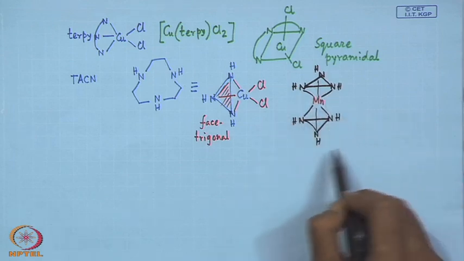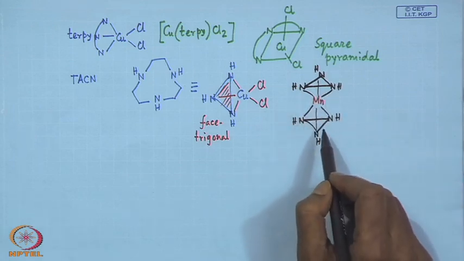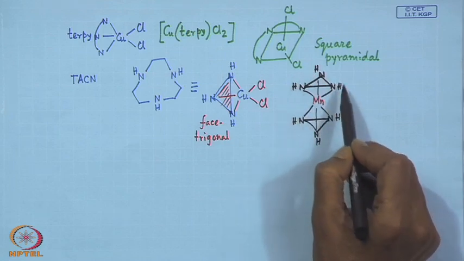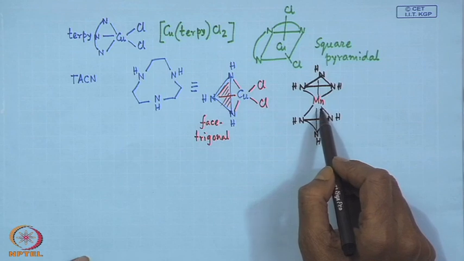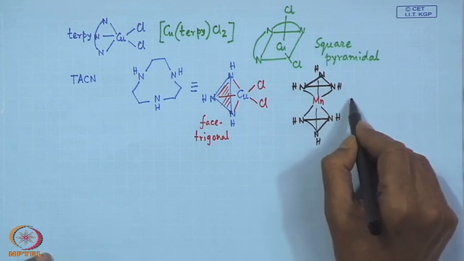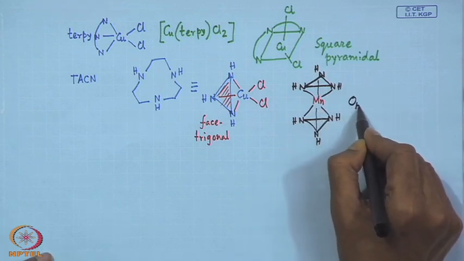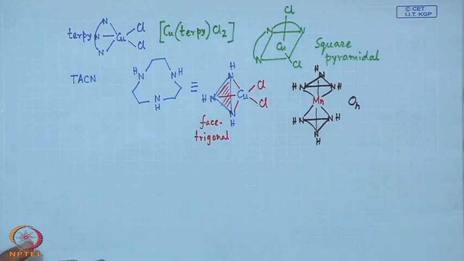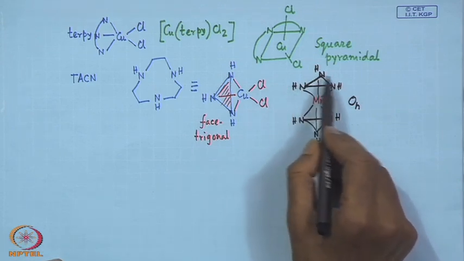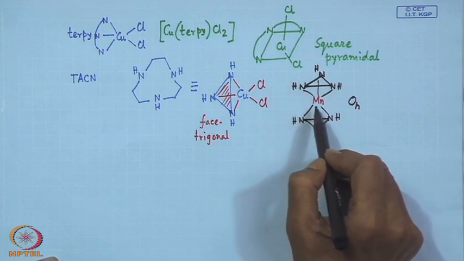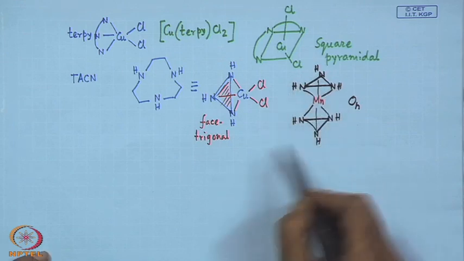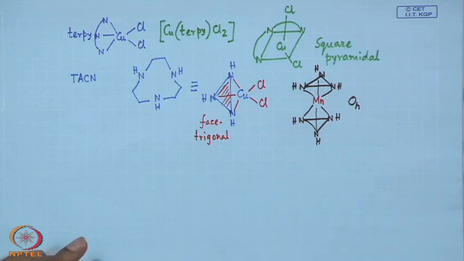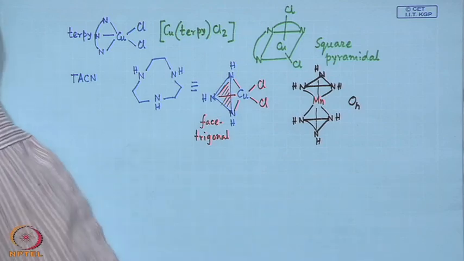So, one trigonal face is occupied, and another trigonal face is also occupied for the coordination of 2 tacane molecules to the manganese center, giving rise to the same octahedral geometry. But here now both the sides, that means both the trigonal faces, are occupied. So, it is basically capped from the top as well as capped from below, and in this particular geometry its reactivity pattern should be less.